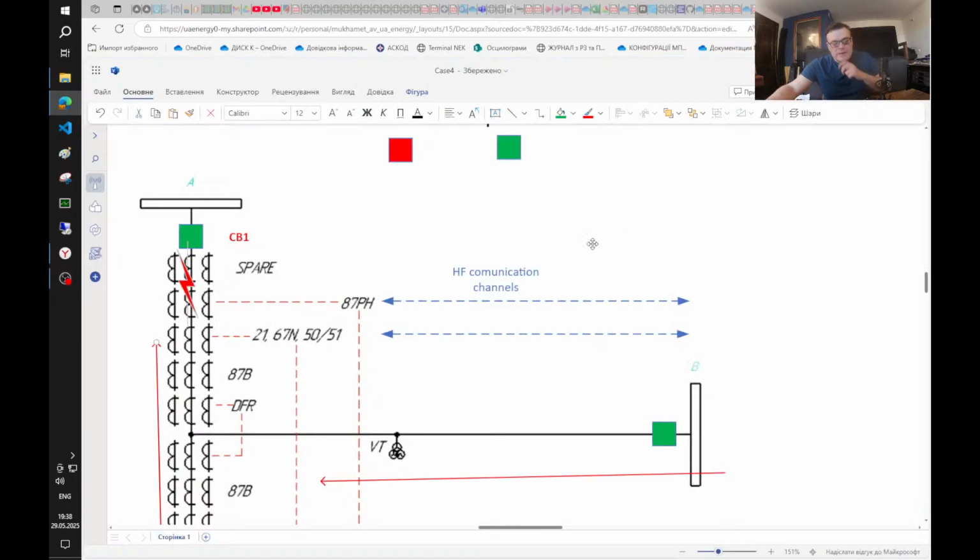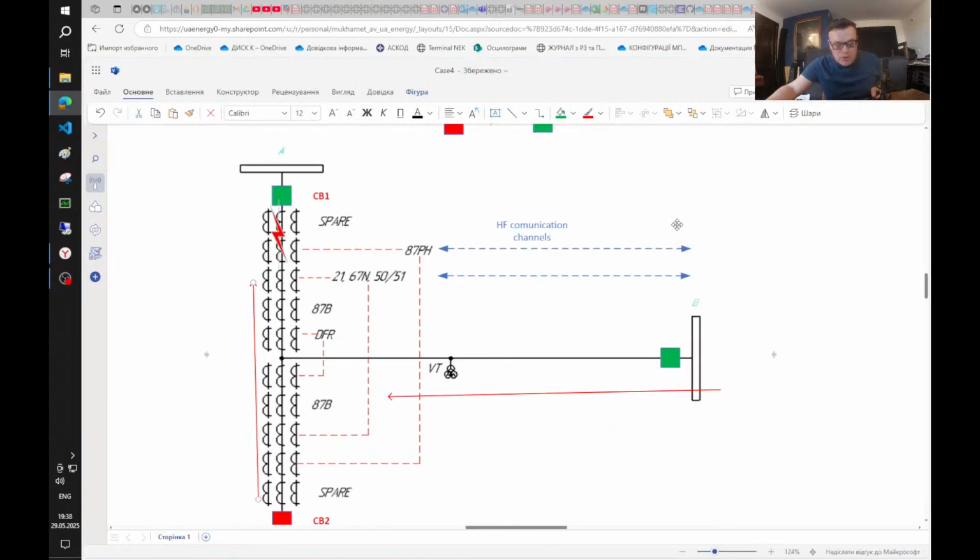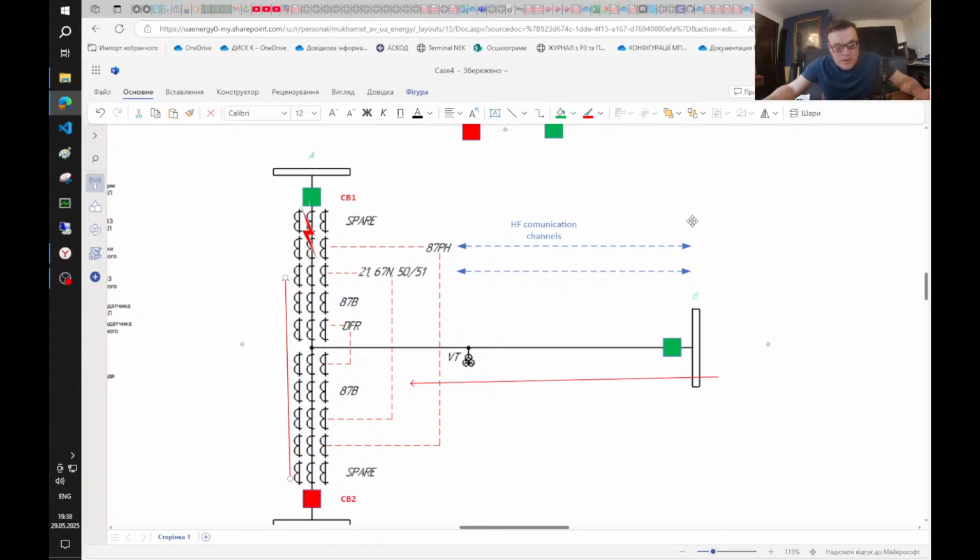So for me this case is interesting because we can see very unusual work of the breaker failure protection, and I saw this type of work sometimes when a short circuit happened between the circuit breaker and CT, or in the core of the CT.